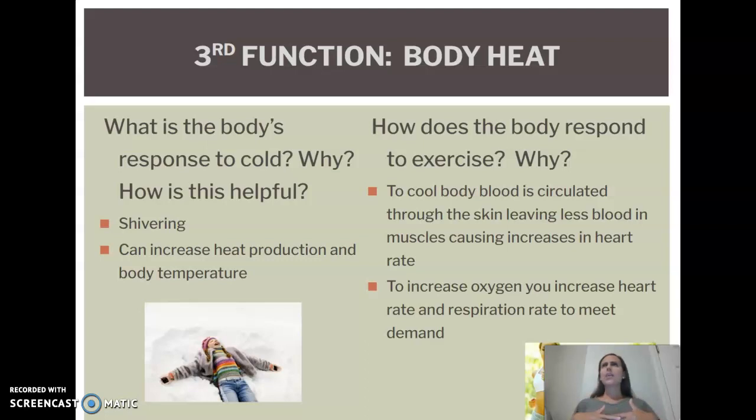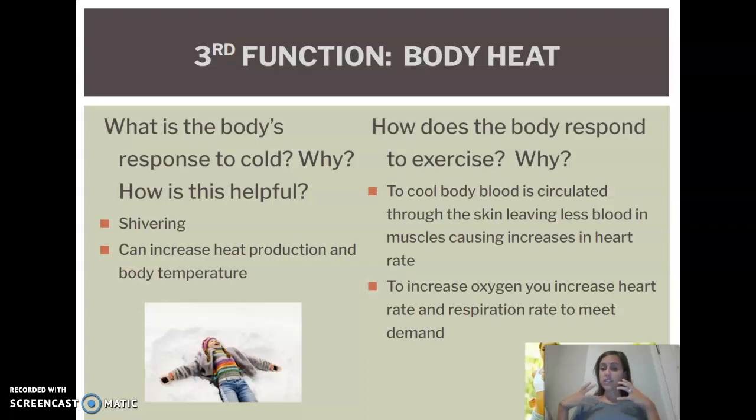Has anybody ever gone out on a run or worked out and your face or your skin gets kind of red and blotchy? Anyone? It's happened to me. That is when we get really hot, our bodies naturally sweat to help cool down our skin.